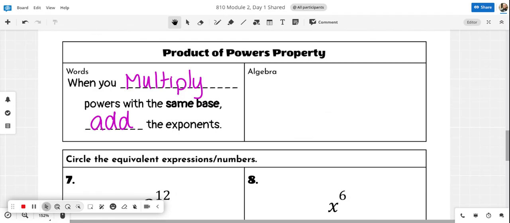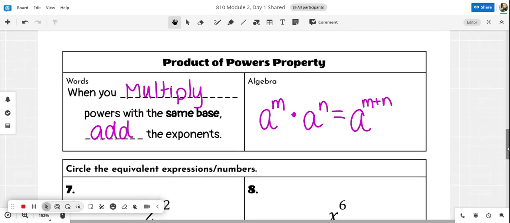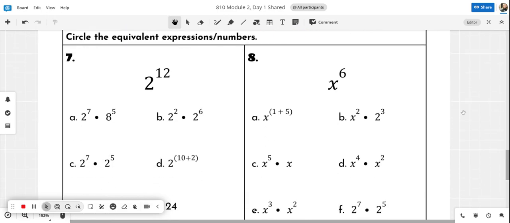So a way to represent this with algebra, in other words, with variables, so if we have a to the m power times a to the n power, it's the same thing as a to the m plus n, adding those two exponents. Okay. So again, that's the product of powers property. Remember when we multiply powers, making sure we have the same base.